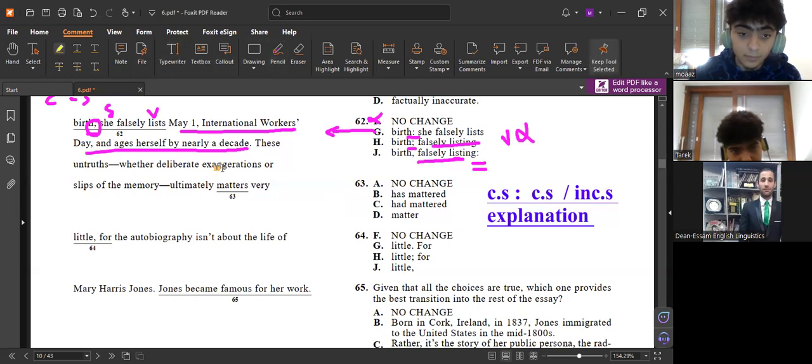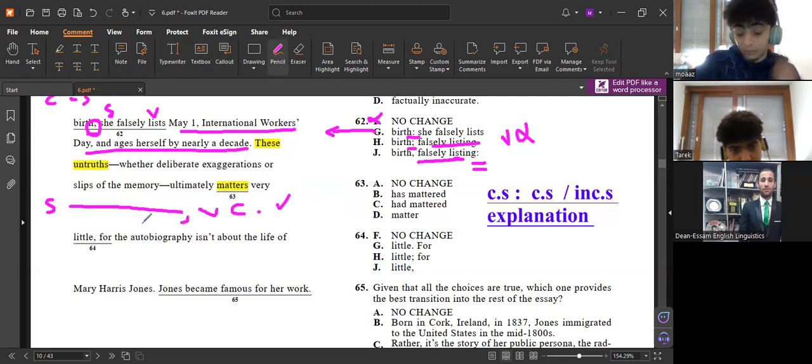Always read from the beginning to the end. Delete the untruth and the non-essential information. So this is the verb of the subject. As I told you: subject, information, verb, complement, full stop, correct. Here you can have two commas, two dashes, two brackets, two parentheses, whatever it is.